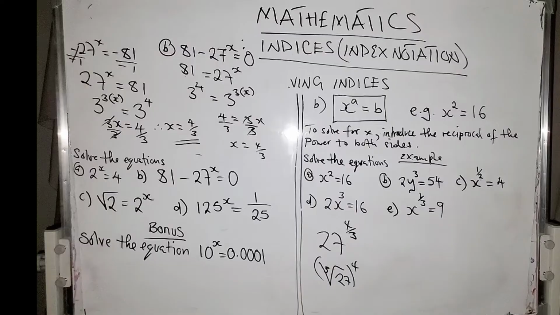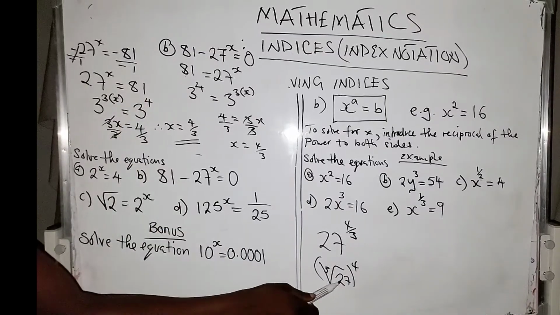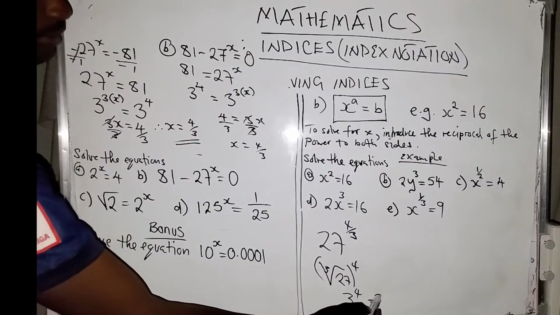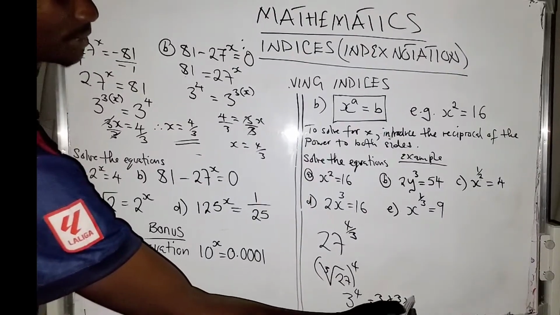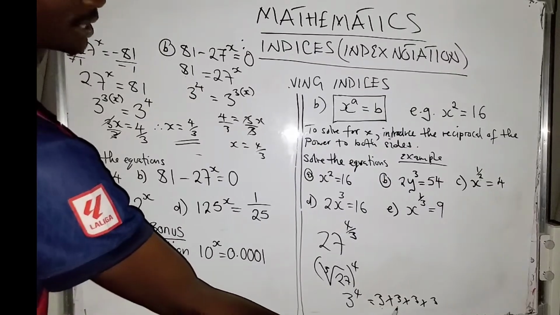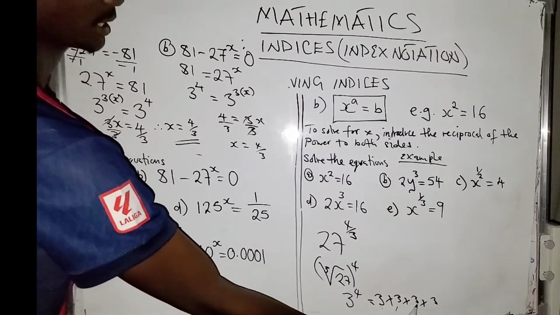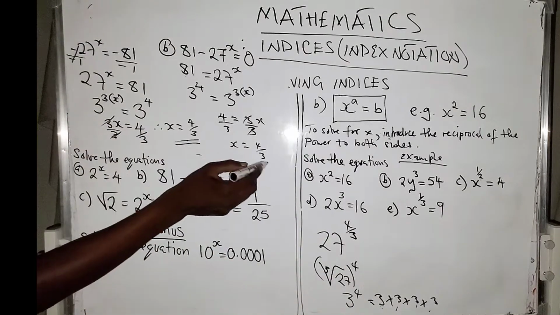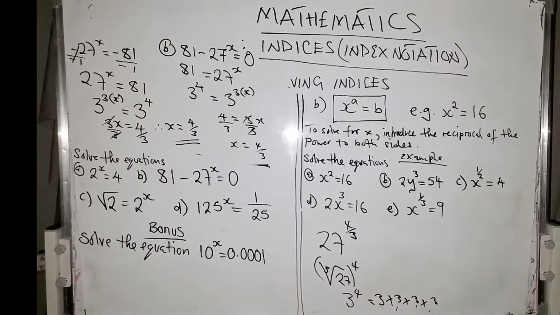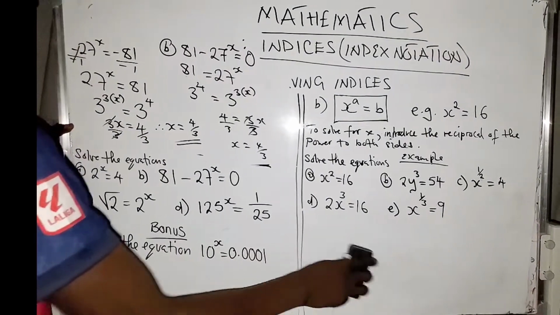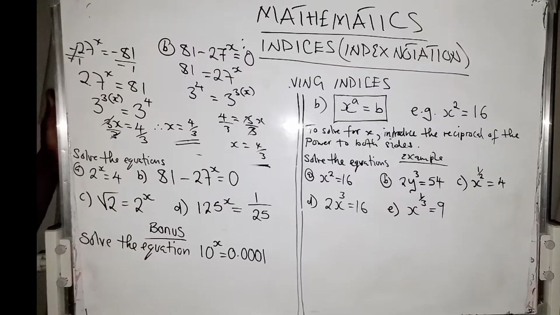Which number, when you multiply itself 3 times, would give us 27? 3. 3 to the power 4 means 3 times 3 times 3 times 3. What is 3 times 3? 9. Times 3? 27. Times 3? 81. So our answer is correct. But in the exam or in the test, don't prove. You waste your time.